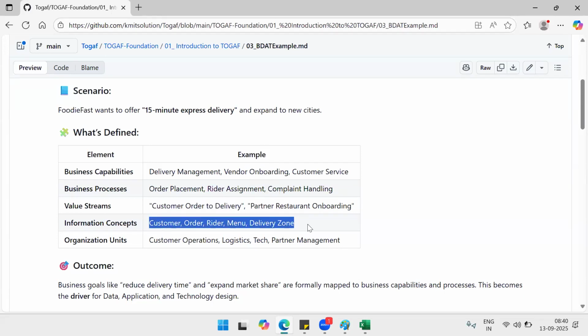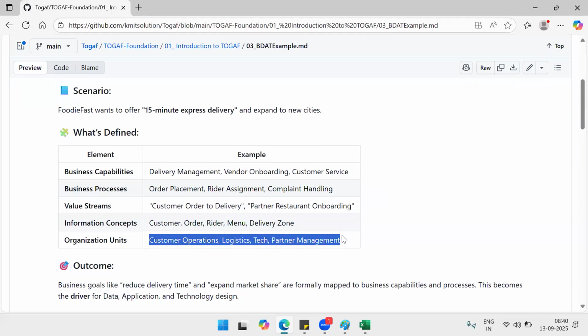So this is whatever I have shown you in the previous diagram. I have divided this into different categories on the basis of this use case. For organization units, we have customer operations, logistics, technology, and partner management.